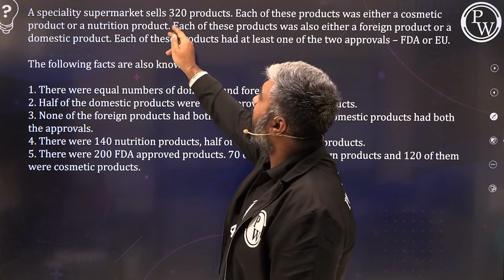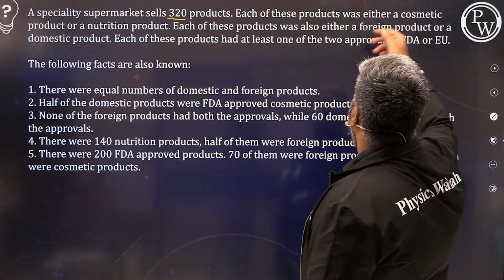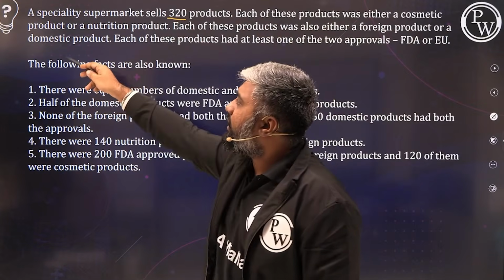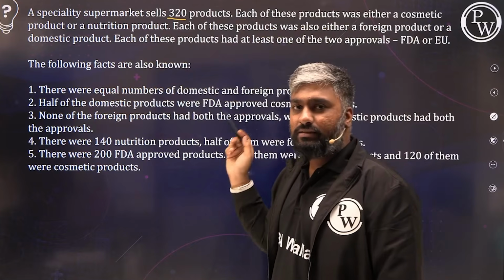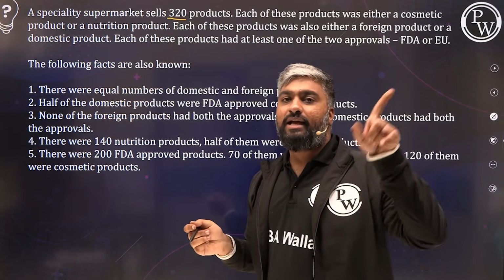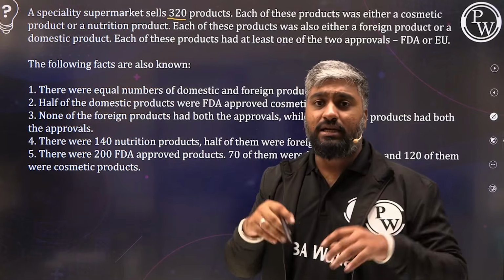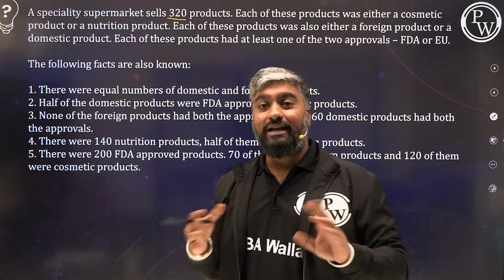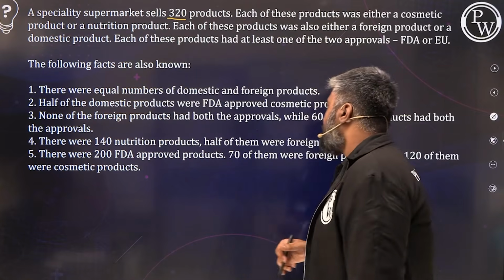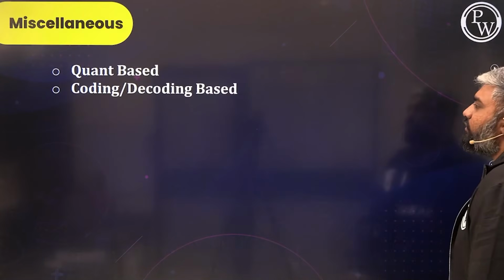स्पेशलिटी सुपरमार्केट है, 320 प्रोडक्ट्स बेचता है, either cosmetic product or nutrition product. Yes, so they've given us the sets. Yes, यहाँ पे क्या करना है, you have to make the sets, you have to find out the intersection only in a particular set, not in all of those, right. Intersection, union, वैसे वाले questions. Yes, so we'll do all of those.